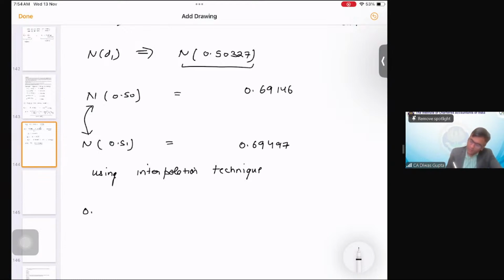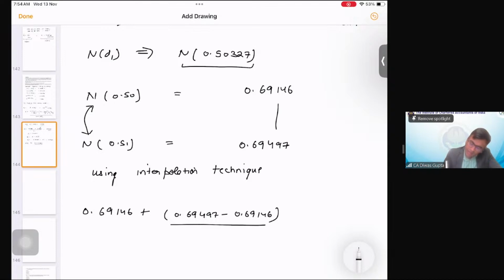So this will be 0.69146, which is the base value, plus the difference between these two values, which is 0.69497 minus 0.69146.